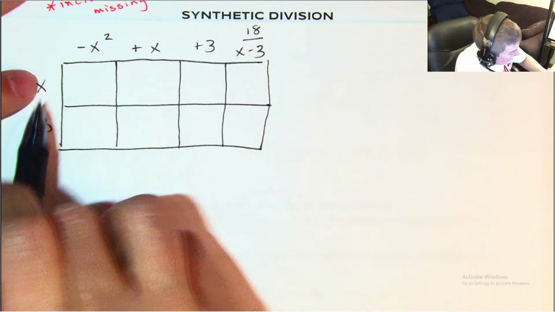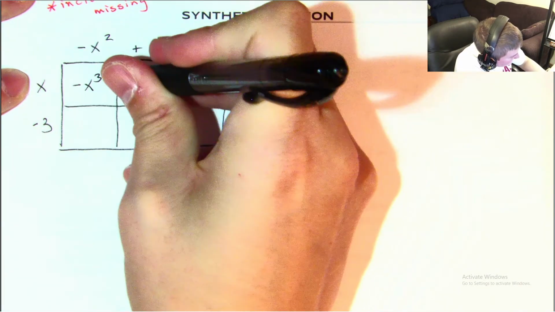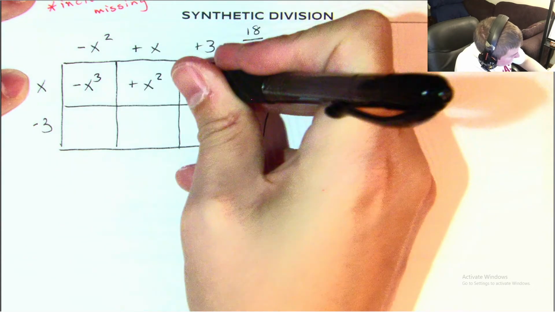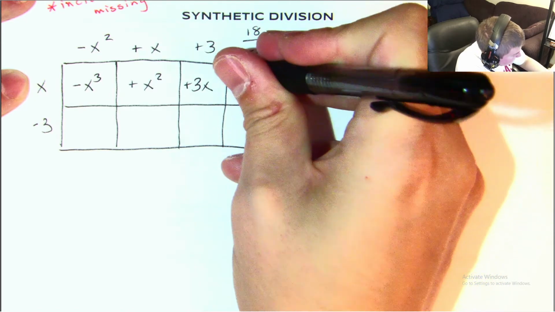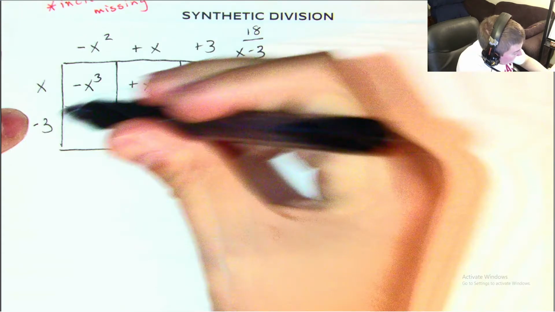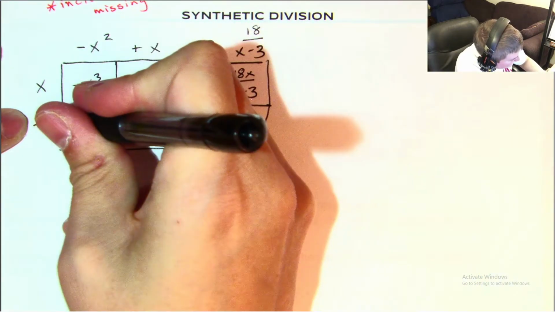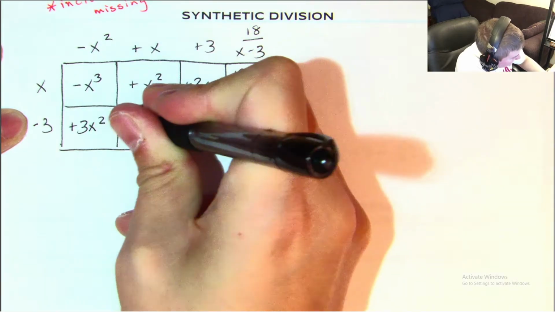So x times negative x squared is negative x cubed. X times x is x squared. X times 3 is 3x. X times 18 over x minus 3 is 18x over x minus 3. Negative 3 times negative x squared is positive 3x squared. Negative 3 times x is negative 3x.